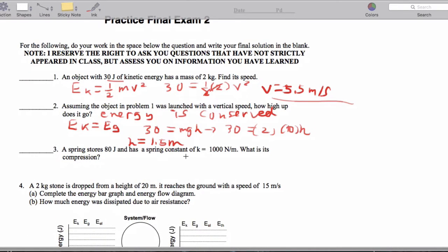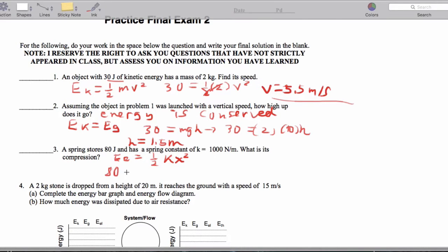All right. Next, we have a spring that stores 80 joules and has a spring constant of 1,000 newtons per meter, and we want to get its compression. So this is clearly an elastic energy problem. So the elastic energy of the system is given by, of just the spring, really, 1/2 kx squared.